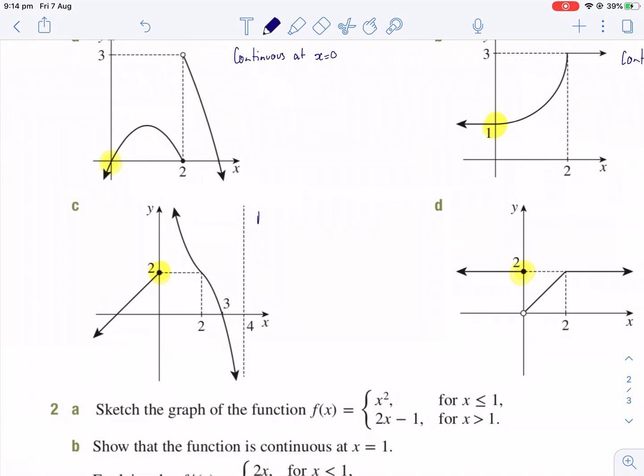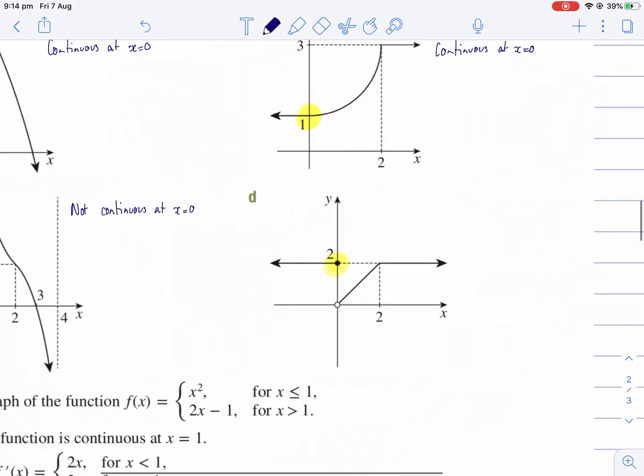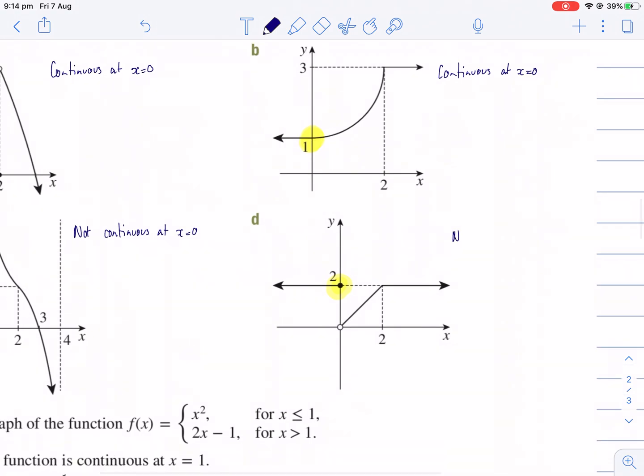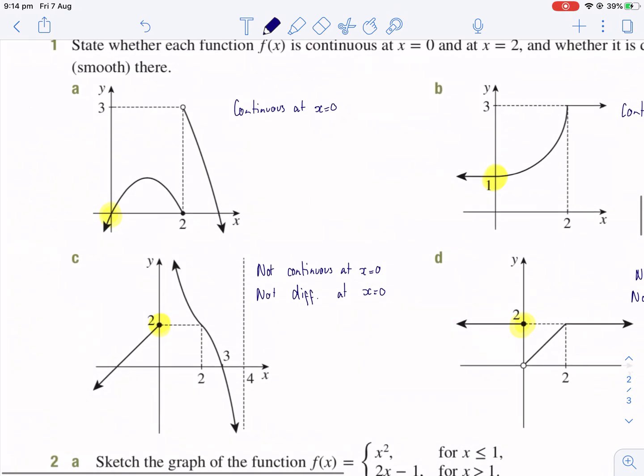It stops right there. And again, this is not continuous. If they're not continuous straight away, they're not differentiable. If they're continuous, yeah, they're differentiable.